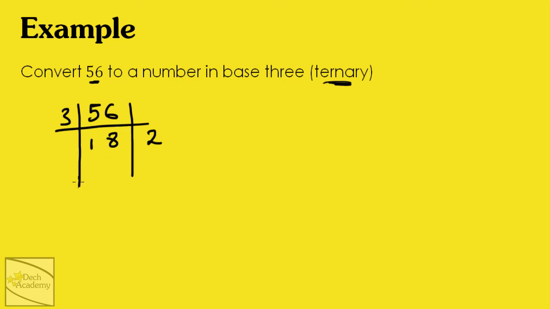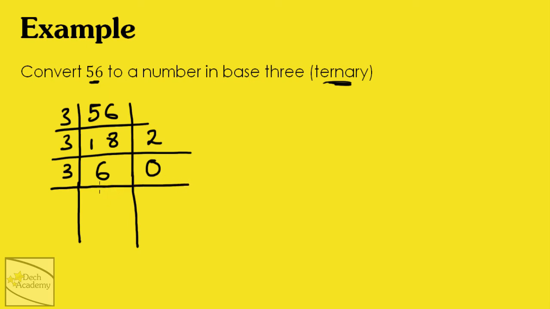So this is primary school stuff, division of numbers and noting down remainders and quotients. So 18 divided by 3, well, that's simply 6 with no remainder. So that's a 0. Next, we divide 6 by 3, and that gives 2 with no remainder.